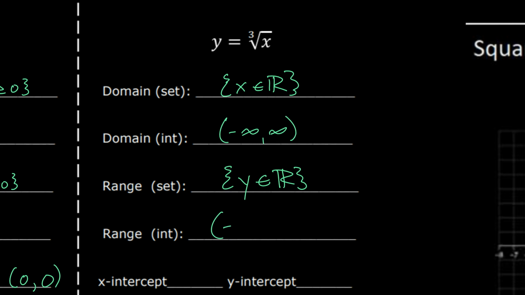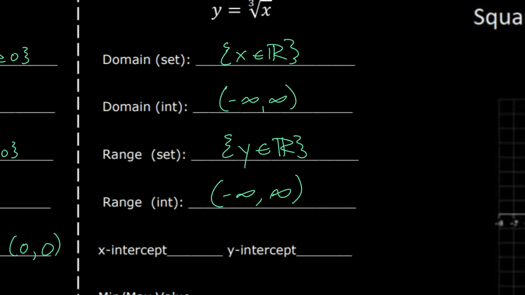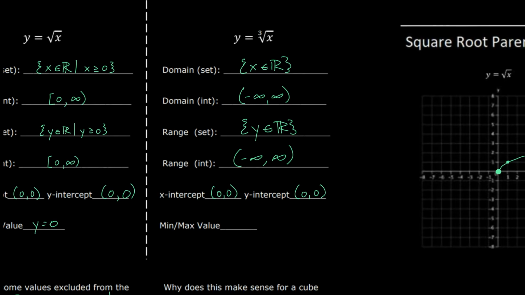Always. Just like a cubic, it was all real numbers. And what was our x-intercept? 0, 0. And our y-intercept? And did it have a max and min? No, none.